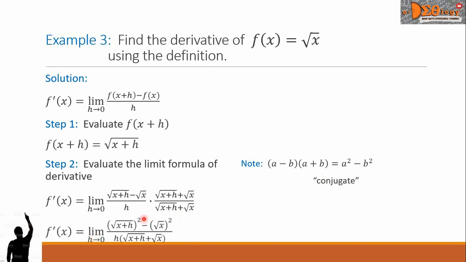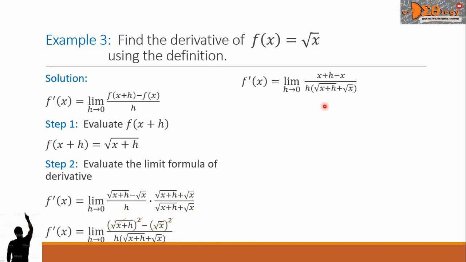The limit of the square of the quantity square root of x plus h minus the square of the square root of x all over the denominator is simply putting together the h and these big radicals. Now, let us cancel out the square and the radical sign. And let us write again the fraction here. So we have now the limit of x plus h minus x all over our same denominator.